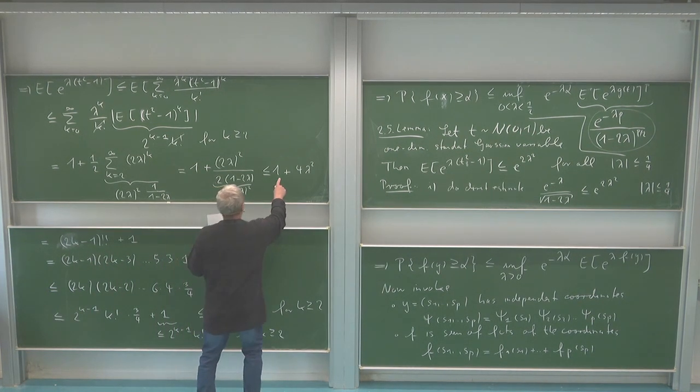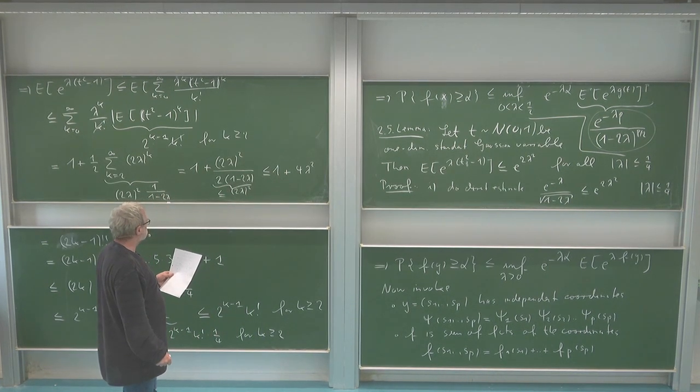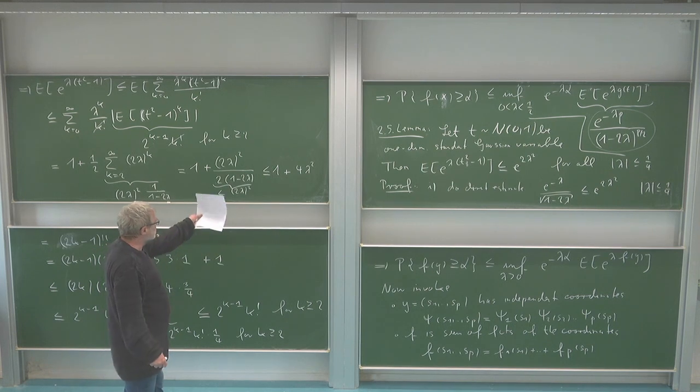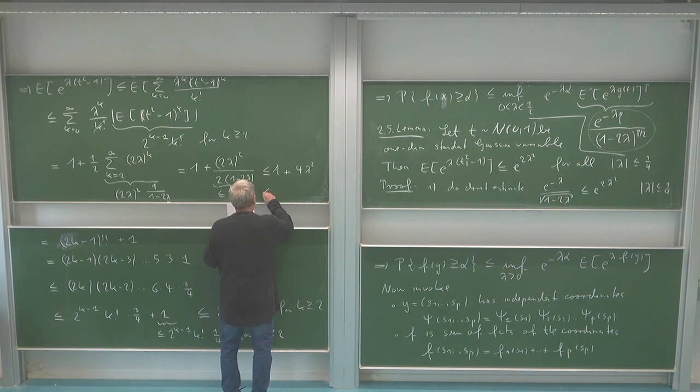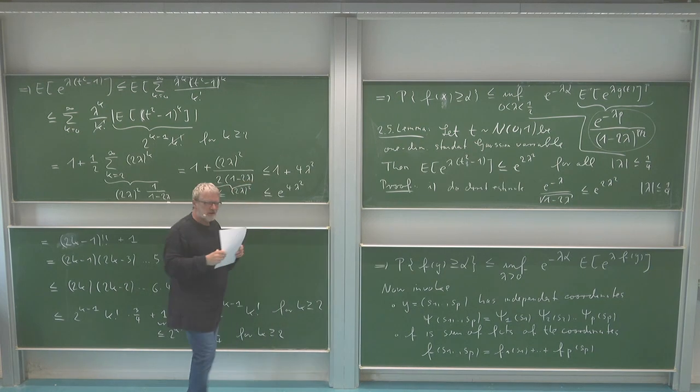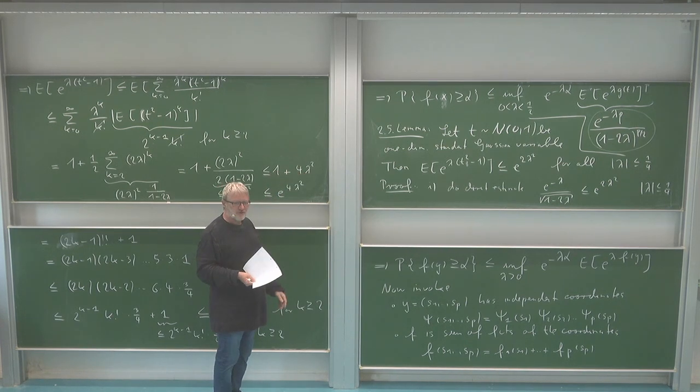Yeah, okay, and then of course, I want to have an exponential estimate. And now I'm just estimating this against the exponential function. So now I'm estimating this against e to what I have here, and according to this, it should be 4 lambda squared. This is the beginning of the Taylor series of e to the x.